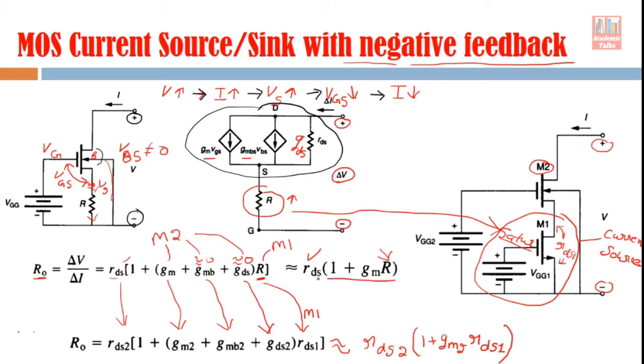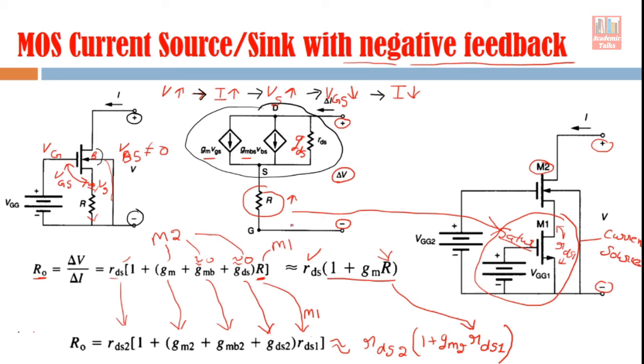So it's almost the same thing. RDS is RDS2, GM is GM2, and instead of R we are using RDS1, right. So that way we get a significant increase in the output resistance, and the good thing is that we are able to implement this negative feedback in this current source using the MOSFET transistor.